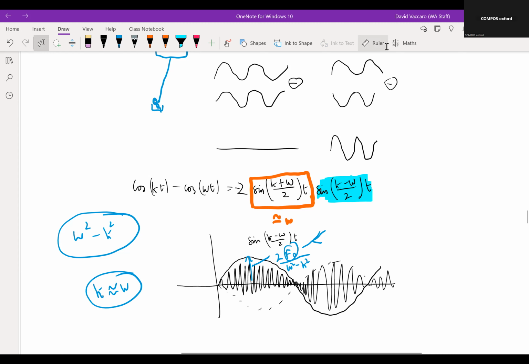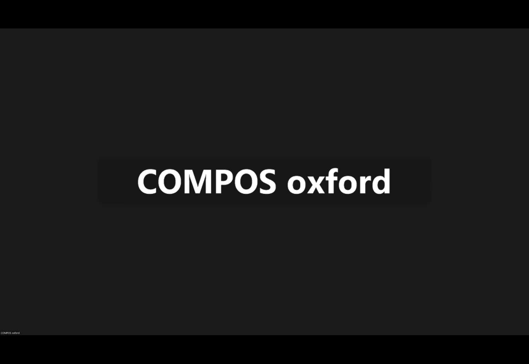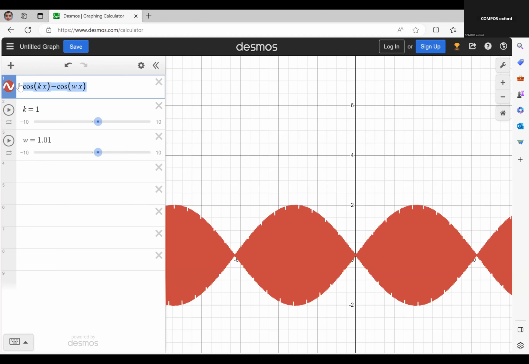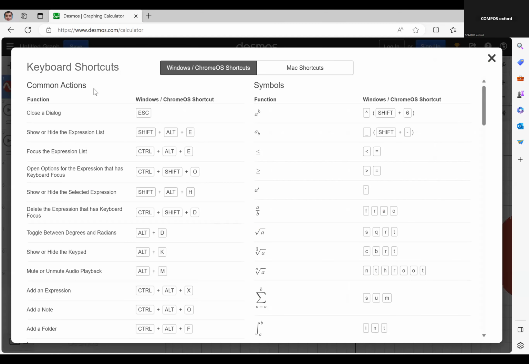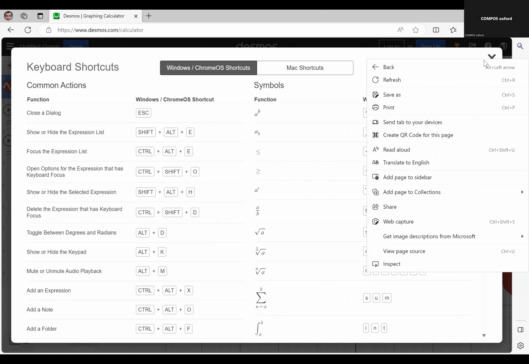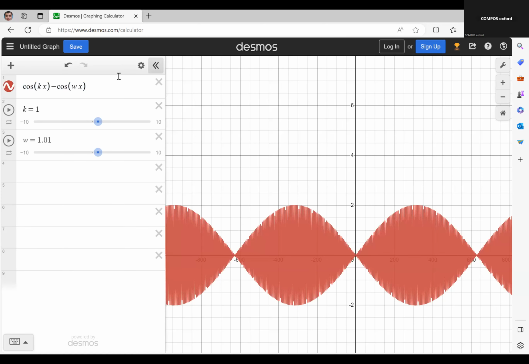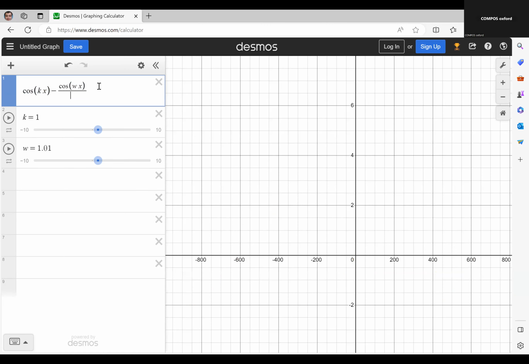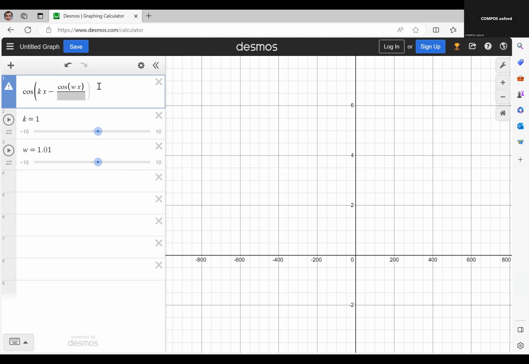So if I go back to my Desmos, as well as the difference between the cos waves, I also want to divide by the whole thing.